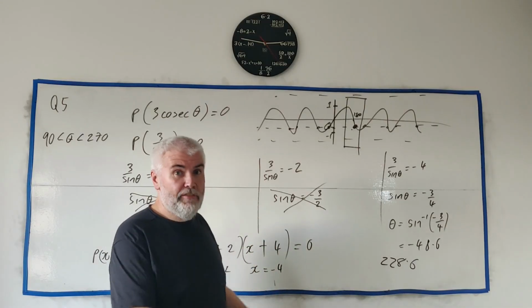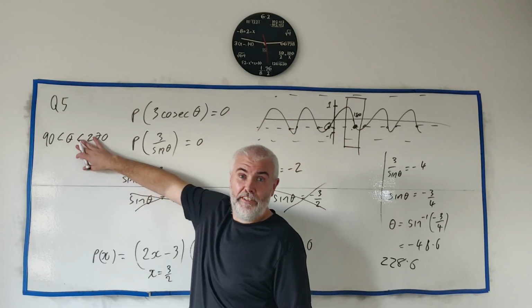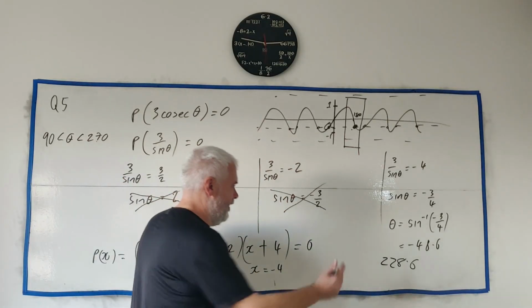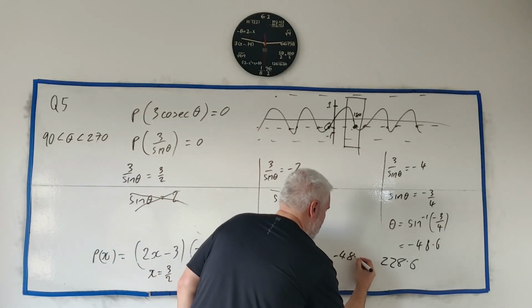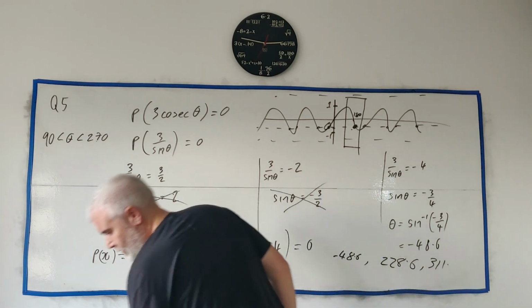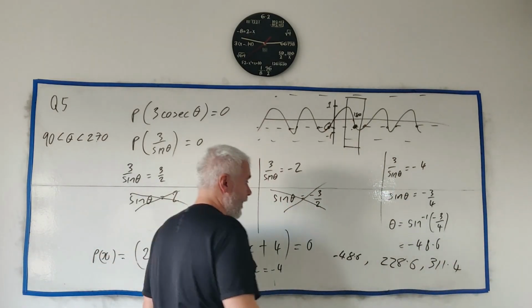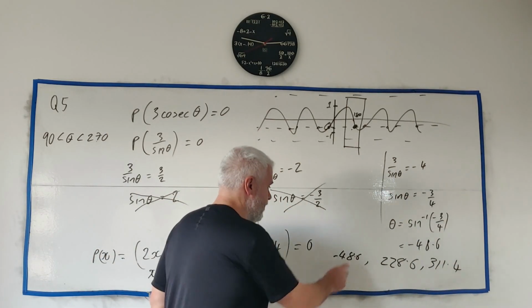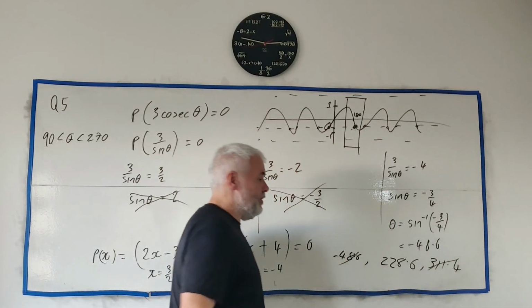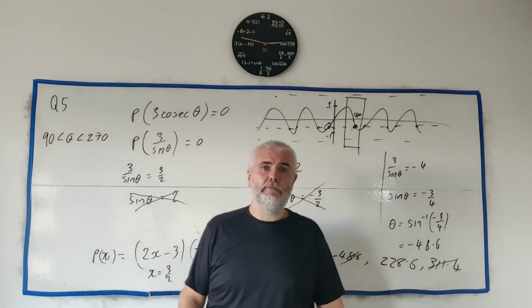If your calculator does give you all those, all you need to do is throw out the ones that don't fit in here. So just to write out a few of them: minus 48.6, 311.4. Maybe your calculator shoots out a lot of answers. You just need to put a line through the ones that are wrong. This is the only valid one in the range they asked for.